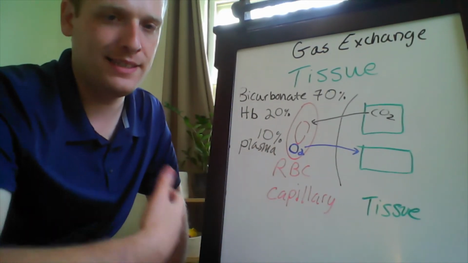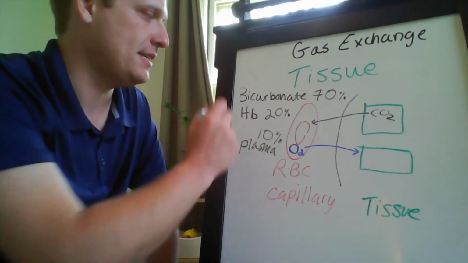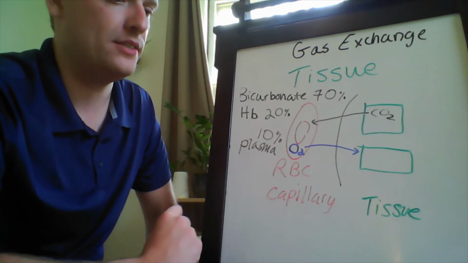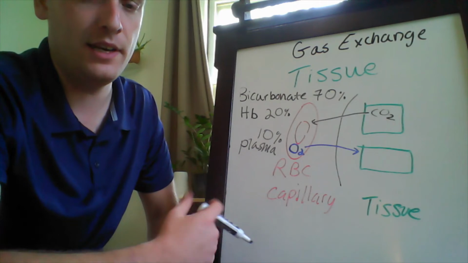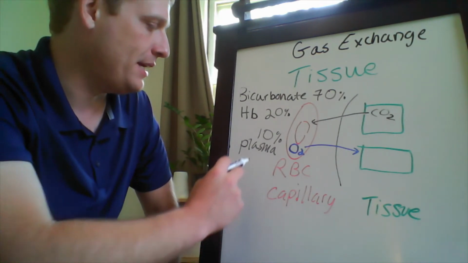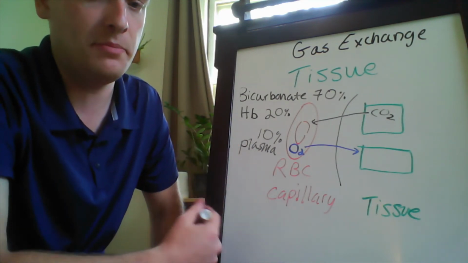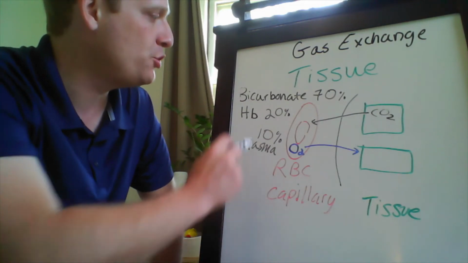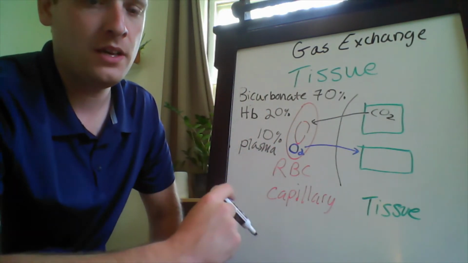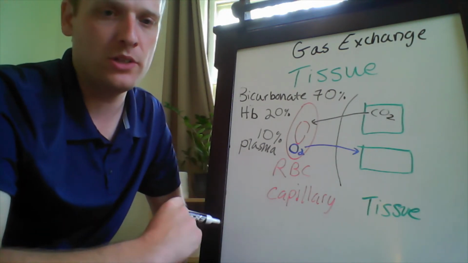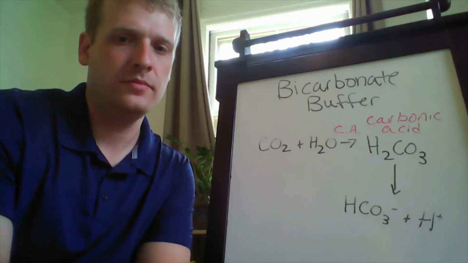So carbon dioxide doesn't have to be transferred or converted into bicarbonate. It can simply be dissolved in the plasma, but that's the minority. And the majority, again, is going to be this bicarbonate ion, which acts as a buffer, and we'll talk about that in just a second.